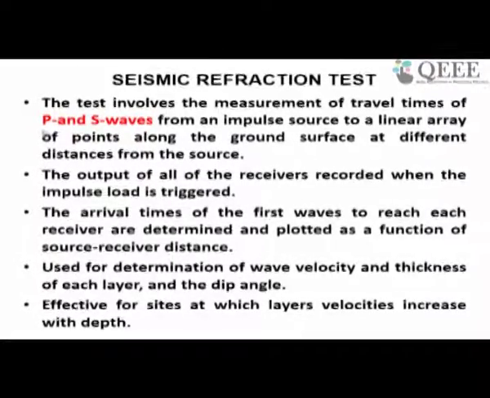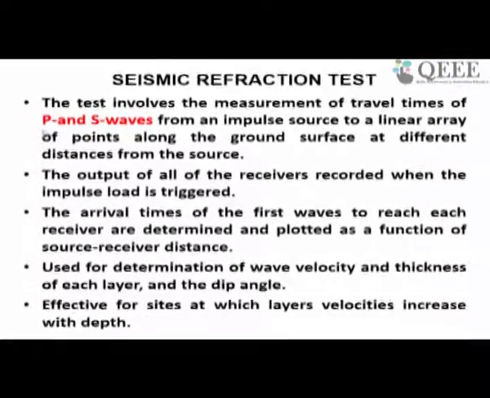So these P and S waves are used to characterize the ground. We will discuss what exactly P and S waves are, most of you may know this. The output of all these receivers is recorded when the impulse load is triggered. All the geophones, it may be 24 channels or maybe 48 channels, will record the travel time of the P and S waves.